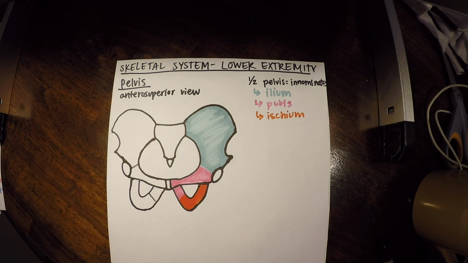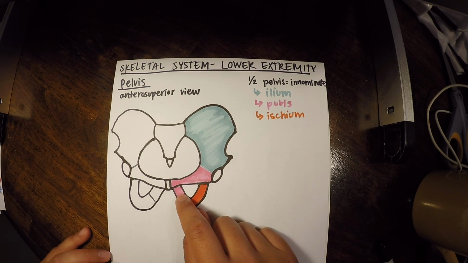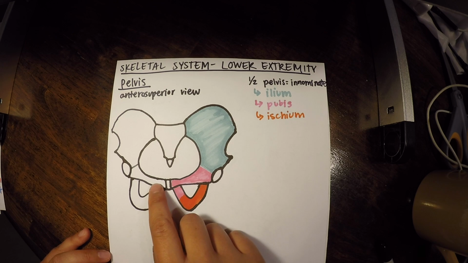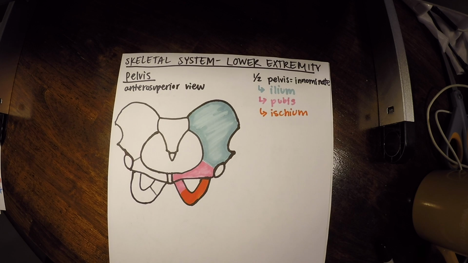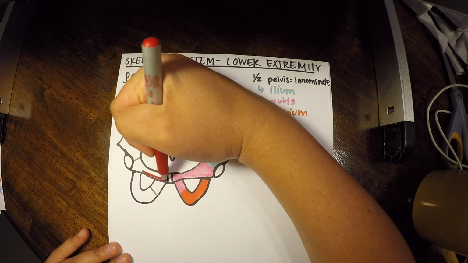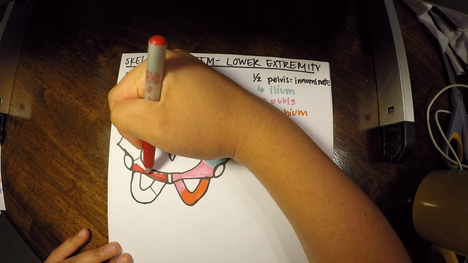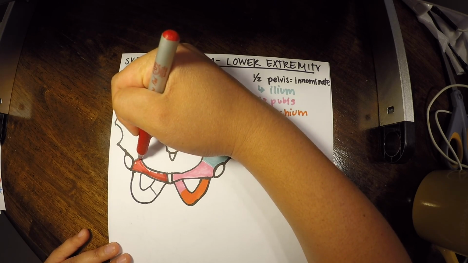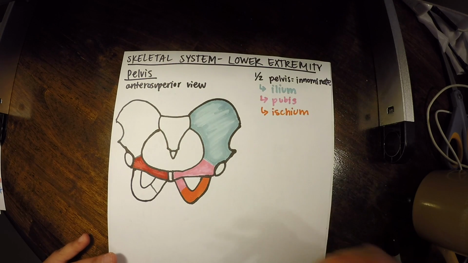Now, for this pubis, or pubic bone right there, it is split up into 2 different parts, so that's what I'm going to draw on here. So the first part is this thing right here. It's our superior pubic ramus. So basically just the superior part of the pubis.